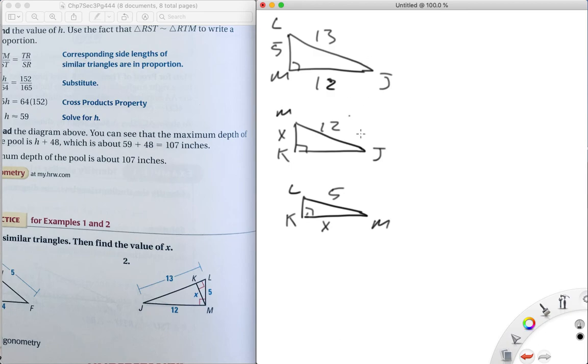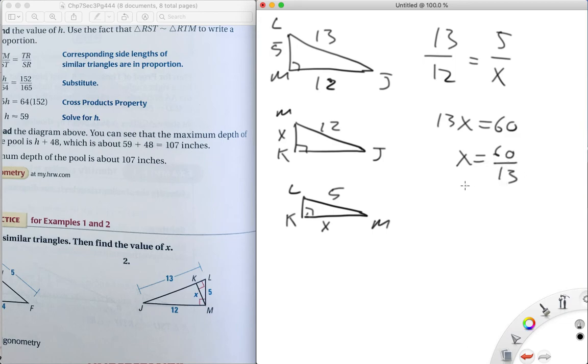Okay, so I can pick any one of these to find my X. I'll use this and this again. So 13 over 12 is equal to 5 over X. That's 13x equals 60, so x is equal to 60 over 13. I'll keep it as a fraction. You can turn it into a decimal if you want.